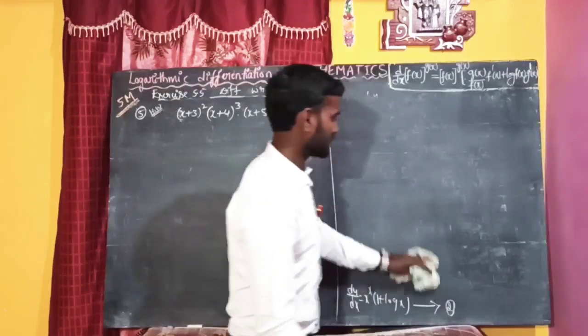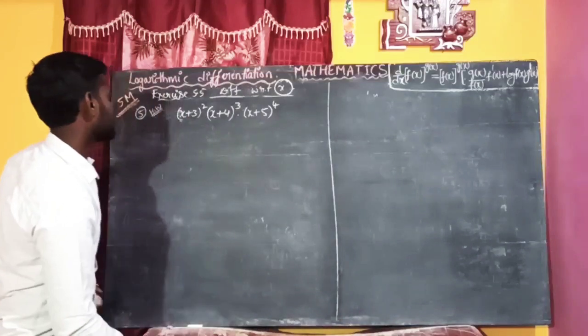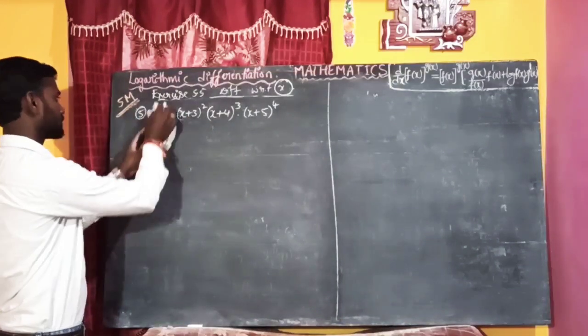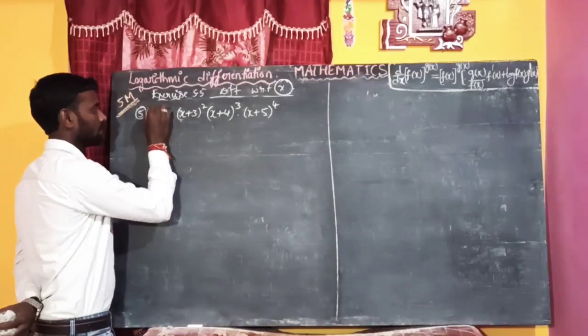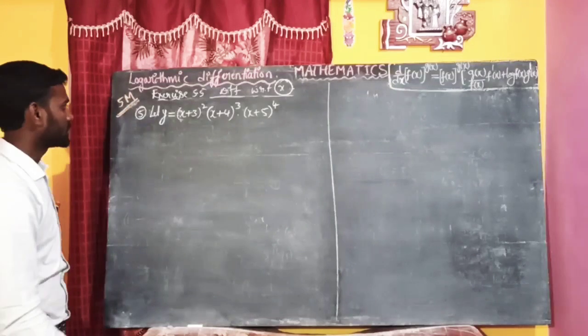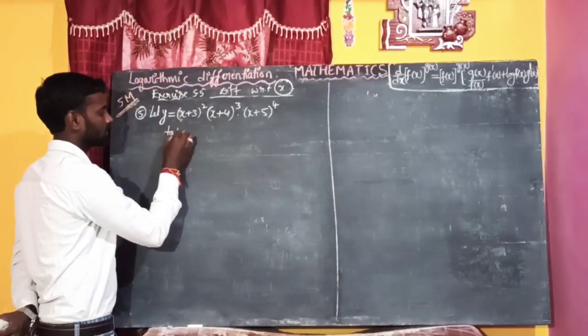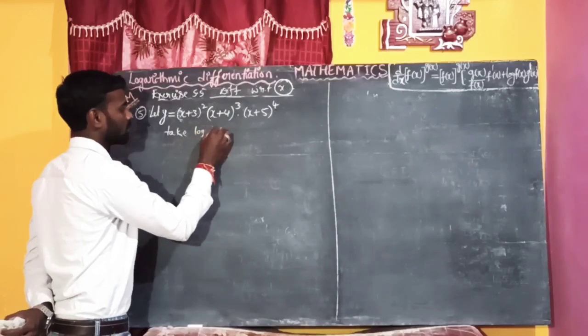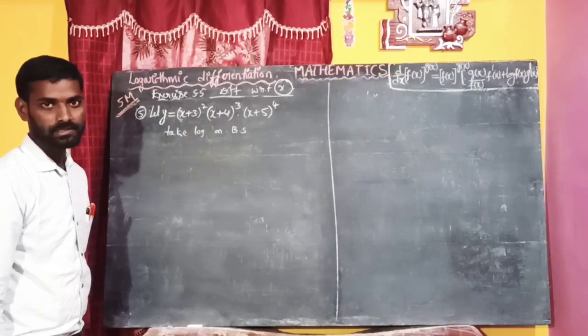Here I will solve this. Let us call this function as y. Let y is equal to this function. Here take log on both sides. Take log on both the sides by using logarithmic differentiation.